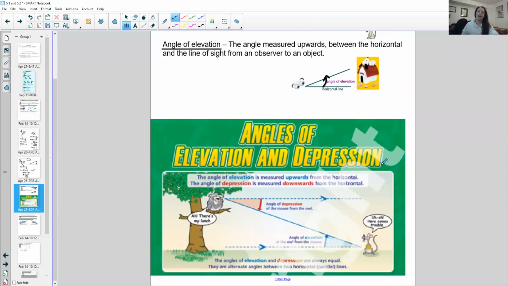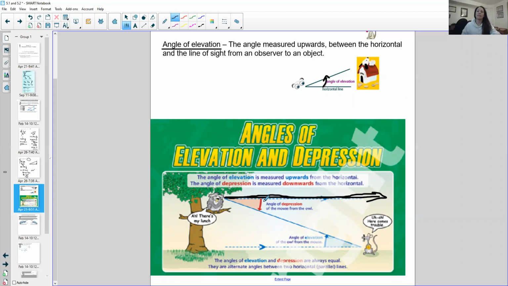I have this poster, and if you were in my class, I would actually have this posted. I found this a few years ago and I loved it. Consider a little owl up in a tree. If he looks straight across in the distance, this is your horizontal line.